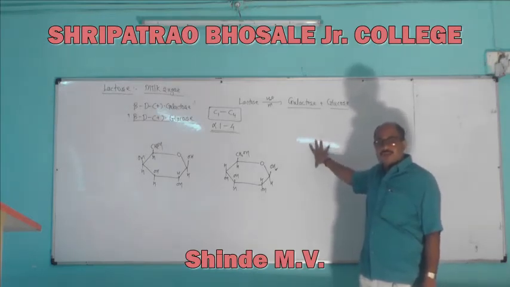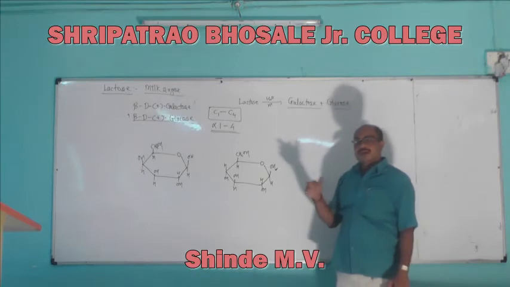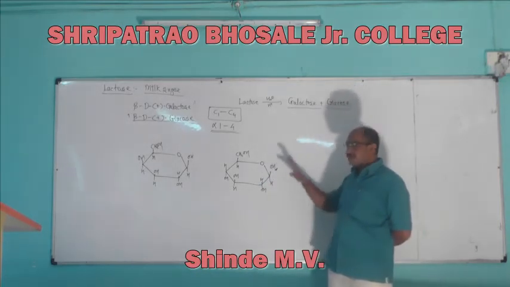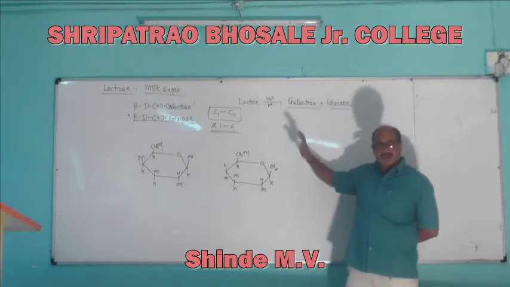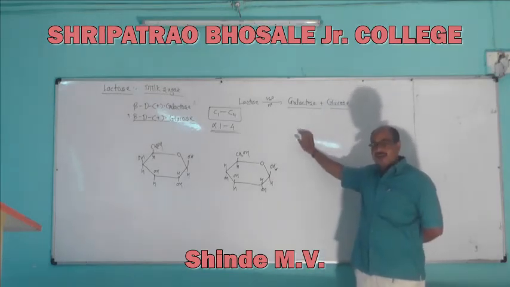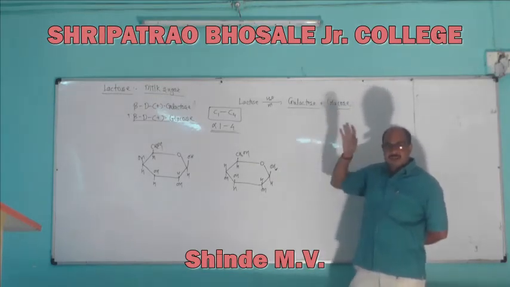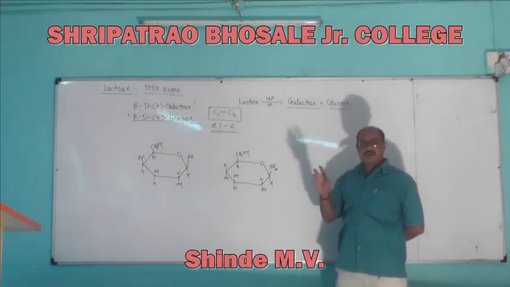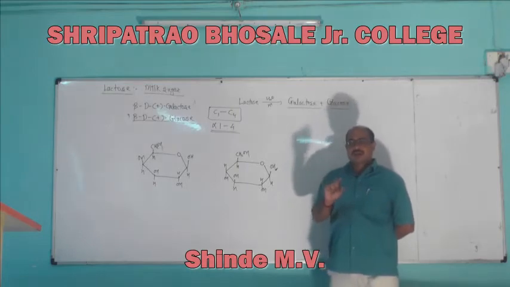When we have the hydrogen group at the right hand side, it is considered as alpha D glucose. When we have the hydrogen group at the left hand side on the anomeric carbon, it is considered as beta D glucose. These two, alpha D glucose and beta D glucose, are anomers of each other.